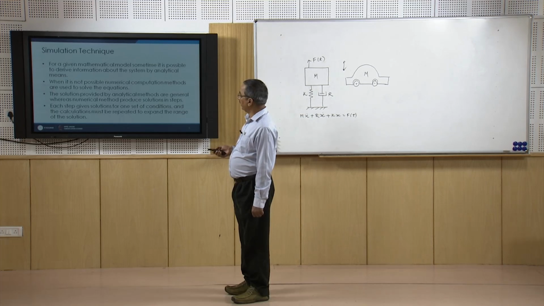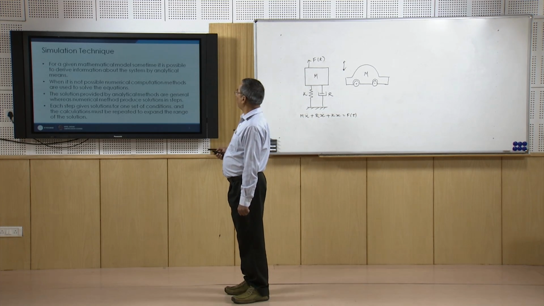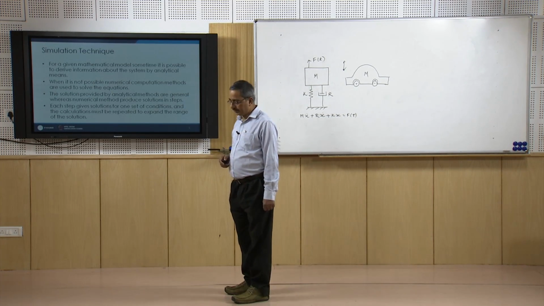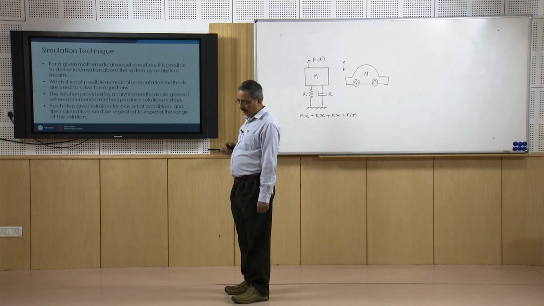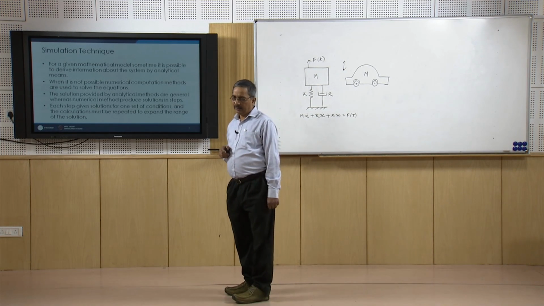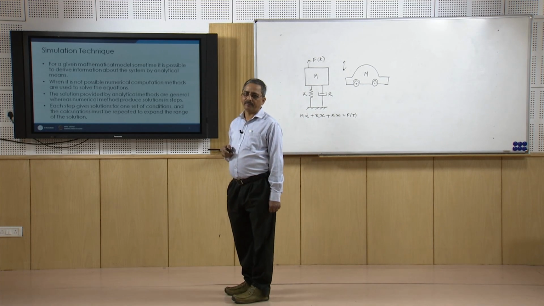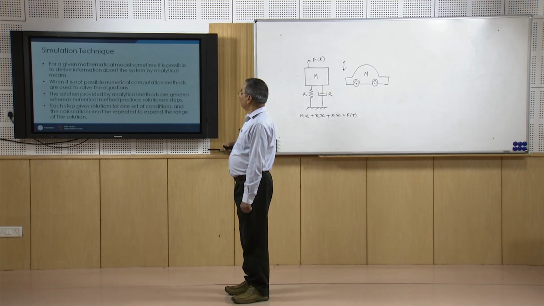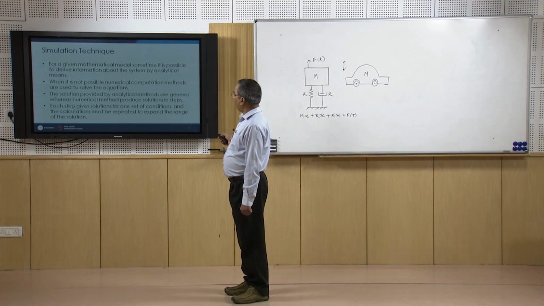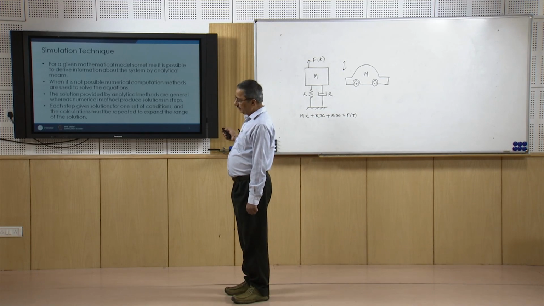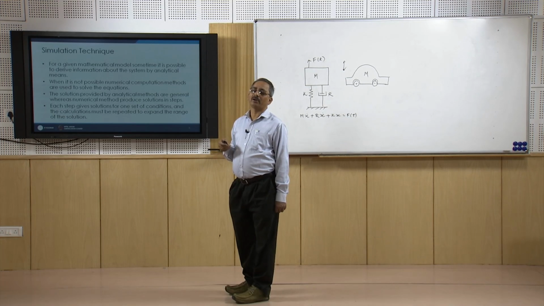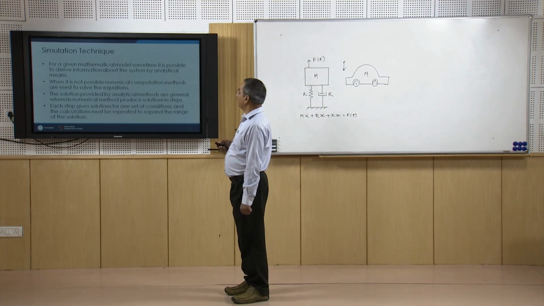Now, as I was telling you, for a given mathematical model, sometimes it is possible to derive information about the system by analytical means. Now, as we will be seeing, there is a difference between the analytical way of solving the problem and simulating the problem. But this analytical method is not always possible.